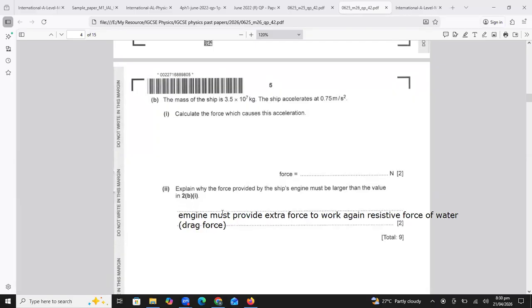Acha, one more thing which I want to add here: the drag force which is acting on the ship is in the opposite direction, and this drag force will become greater as the speed of the ship is increasing.